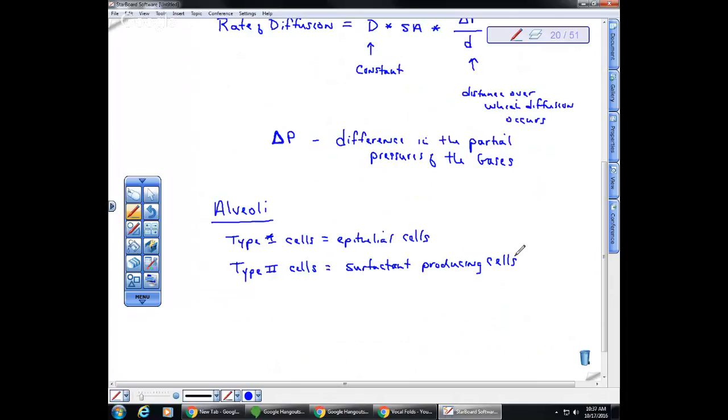These are really important because they break up the surface tension of water and prevent the surface tension from collapsing the alveoli. The respiratory membrane is moist, so this breaks up the surface tension of water, and it prevents the alveoli from collapsing.